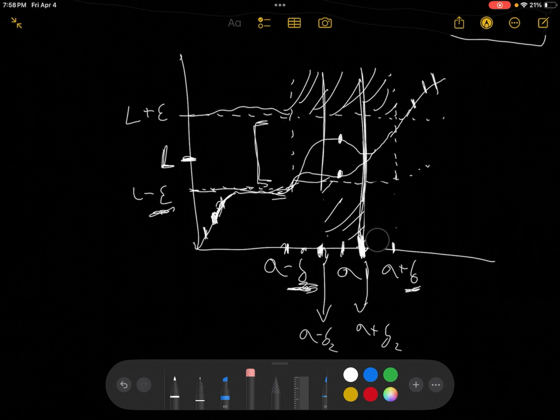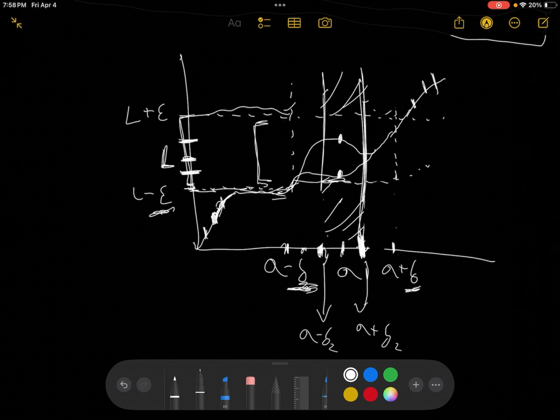All it's done is shrunk the forbidden regions down, but we see that the limit can still be any number between L plus epsilon and L minus epsilon.